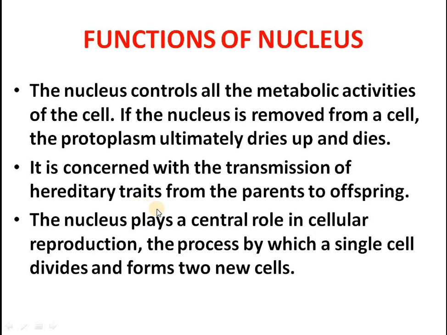So the nucleus is very important for the proper functioning of the cell, as it controls all the metabolic activities of the cell. It is also responsible for the transmission of hereditary traits from the parents to offspring, because the nucleus consists of chromosomes which are composed of DNA, responsible for the transference of characters from the parents to the offspring.